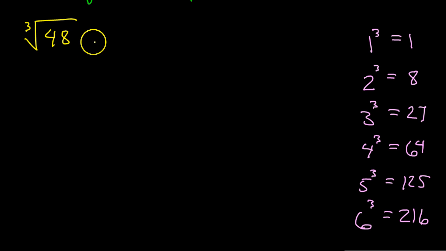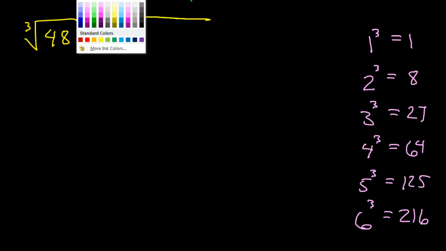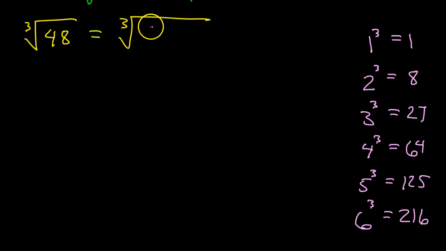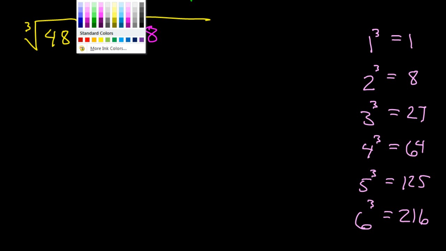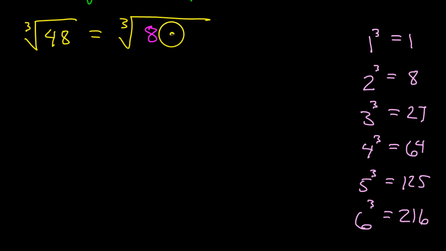Okay, so the reason why that's important is because I need to rewrite this as the cube root of, and the first thing I write needs to be one of these. Okay, so I've got 8 right there. And we just saw there's 8 times 6.